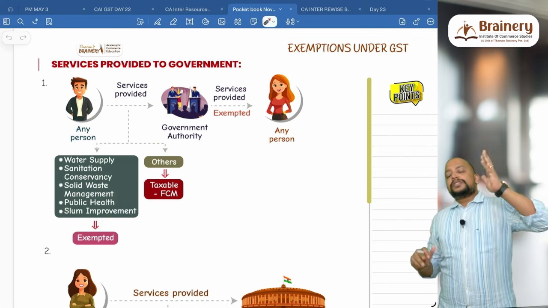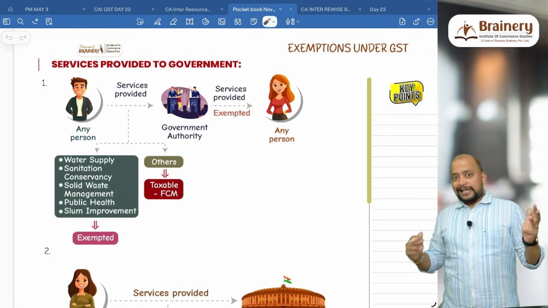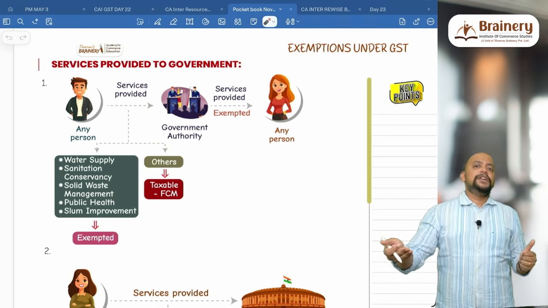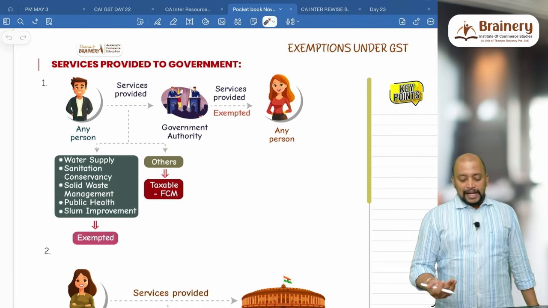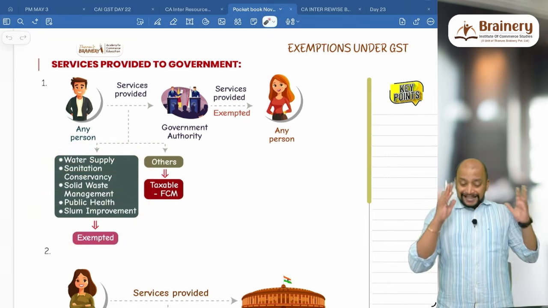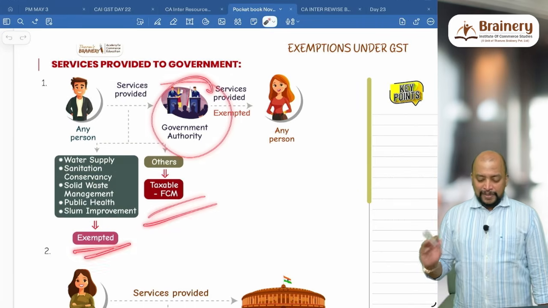What are they? So slum improvement and upgradation, water supply, sanitation conservancy, solid waste management and healthcare. So these activities provided to government authorities only exempted, all other activities will be taxable.